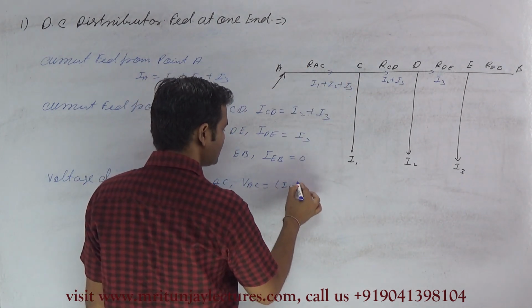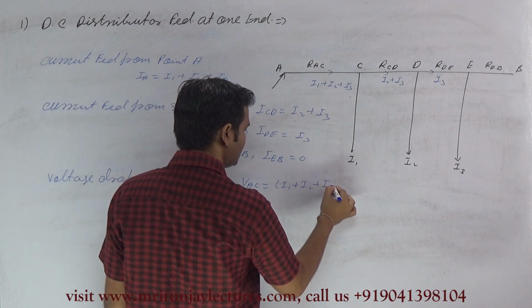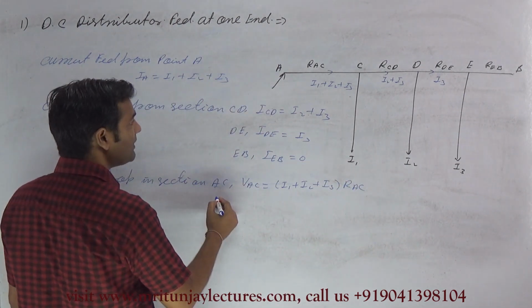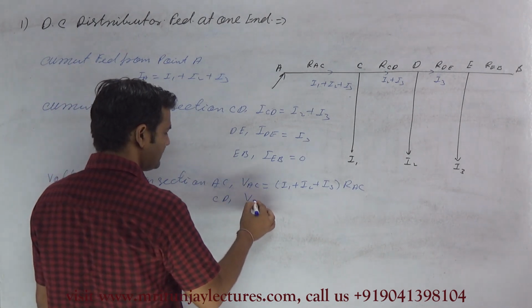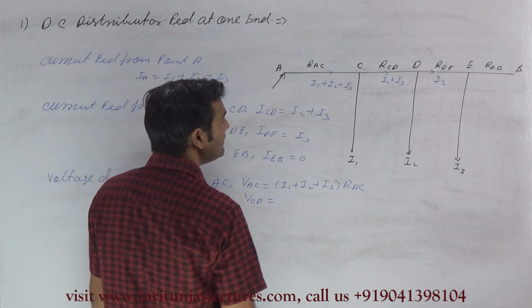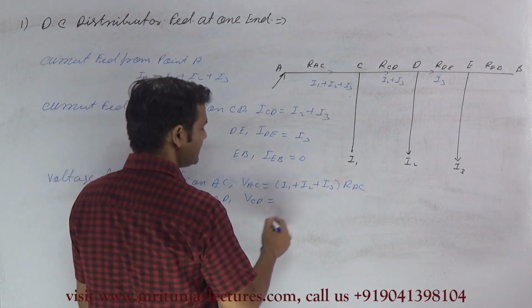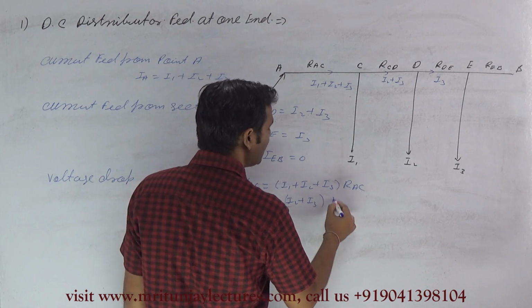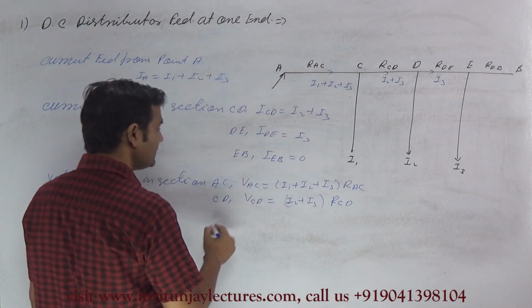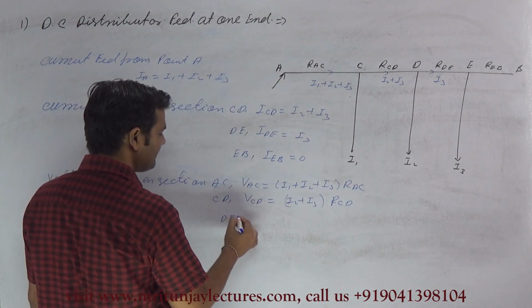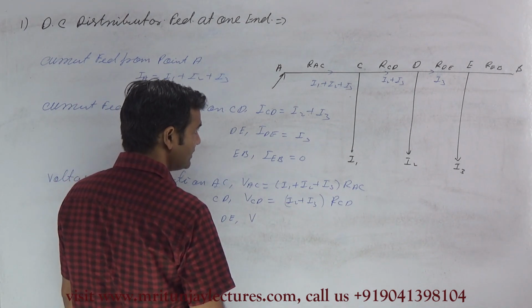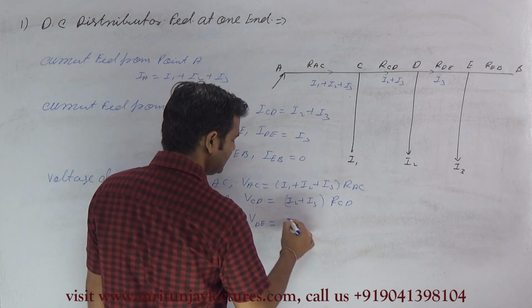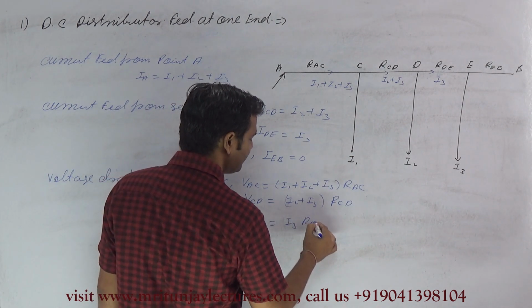Current is I1 plus I2 plus I3, and the resistance is R of AC. Similarly, V of CD is equal to I2 plus I3 into R of CD. Similarly, the voltage drop corresponding to DE is I3 into R of DE.